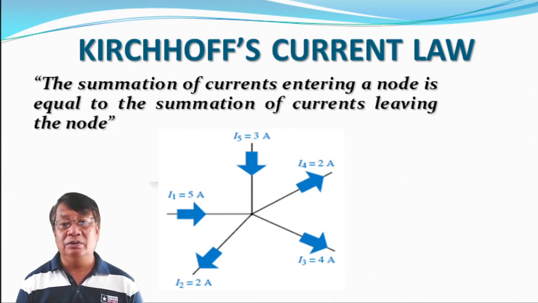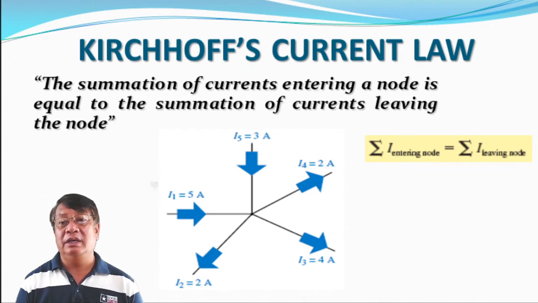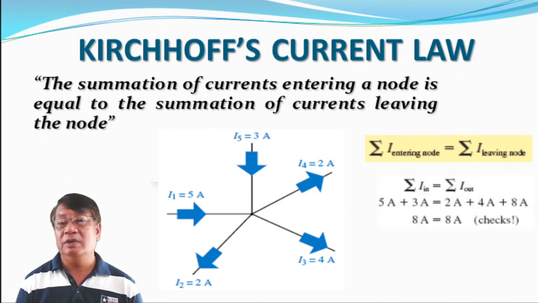So if you are going to solve for the summation of the current entering and leaving the indicated node, it should be equal to 0. That is given in this presentation: the summation of I entering the node is equal to the summation of I leaving that node.